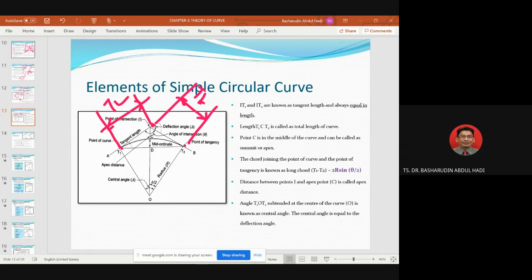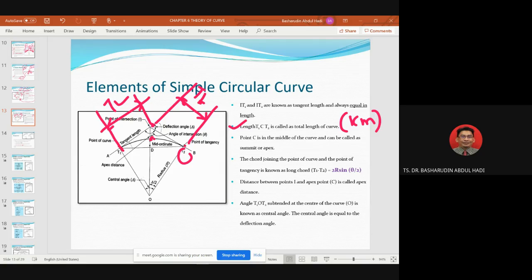Okay, so the length T1 to C to T2. T1, and then point C, the center of the curve. And C to T2. This is called the total length of the curve. Normally we are finding T1, C and T2 because we want to know the distance in kilometers of the road after the road is finished.